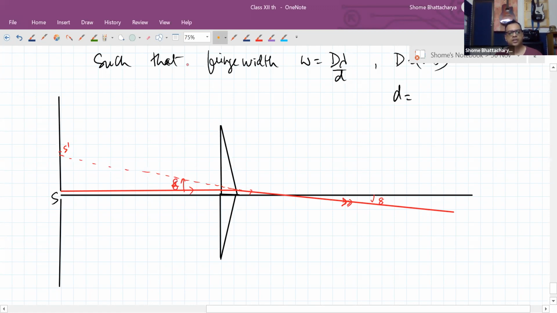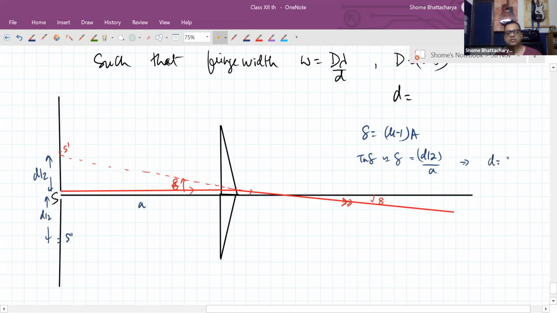And this distance here will become d by 2, because you have the other one here. This is also at d by 2, and this was a. So delta you can see is mu minus 1 into the angle of the prism, and you can see that tan delta is nearly equal to delta, equal to d by 2 divided by a.